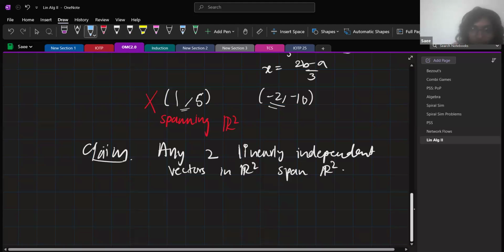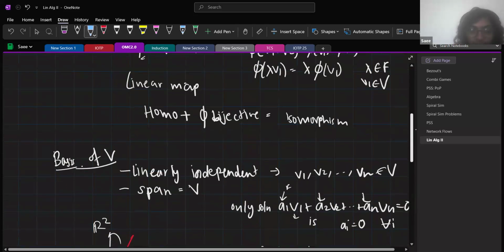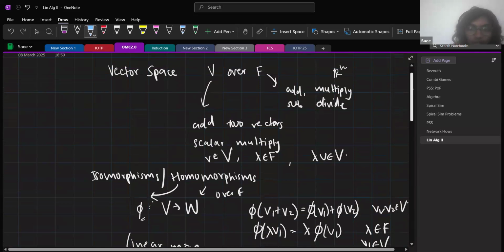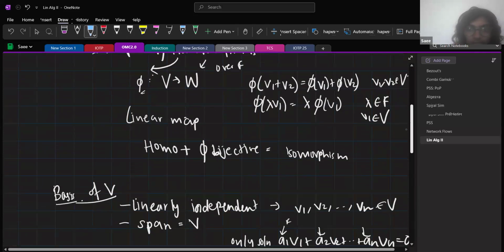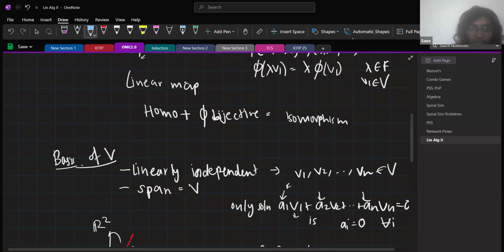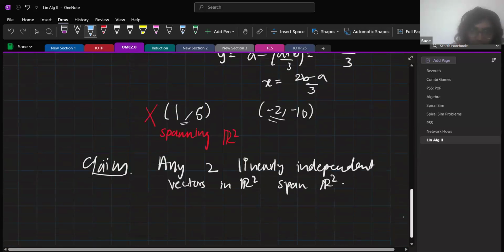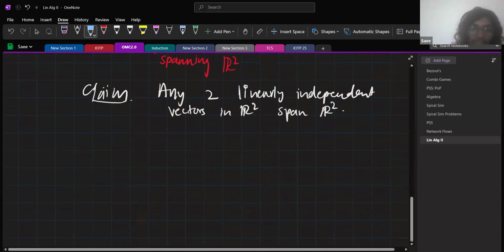Does the notion of a basis and linear independence make sense? Yes, okay, thanks. I see something in the chat. Okay, so now we can move on.